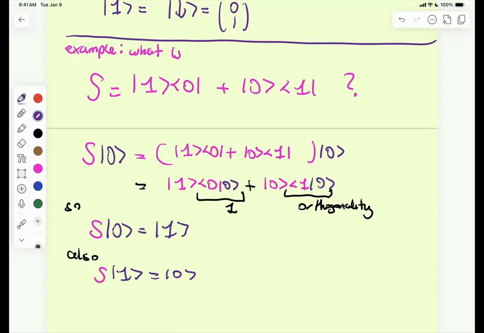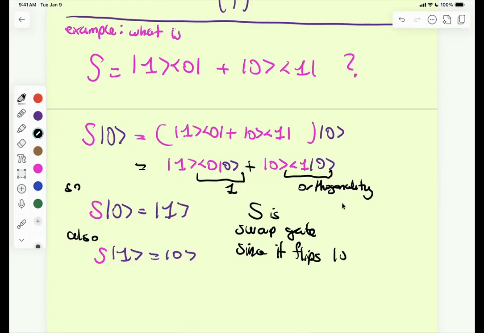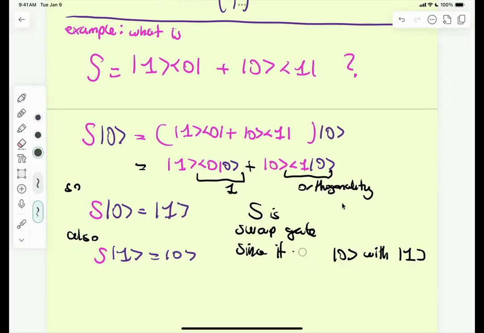So it is called a swap matrix or the swap gate, because it flips the qubit, flips 0 with 1, or swaps, which is why it's called the swap gate.